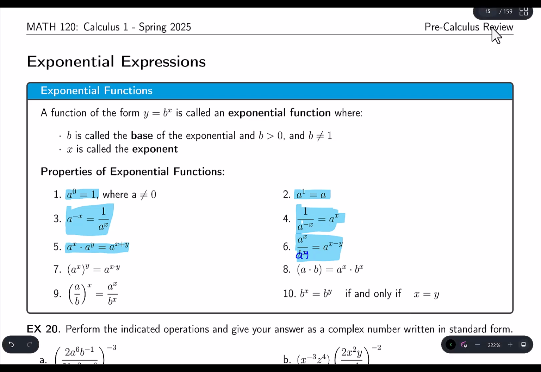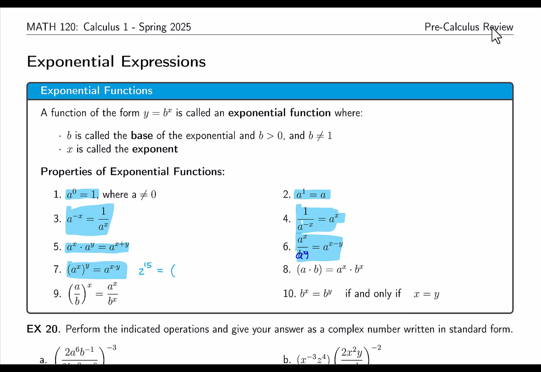Some of the ones that students often forget, what happens when you have an exponential expression raised to another exponent? You can just multiply those exponents. And then likewise, it goes the other direction. So if you have something like 2 to the 15th power, and you don't remember what 2 to the 15th power is, you could split it up.